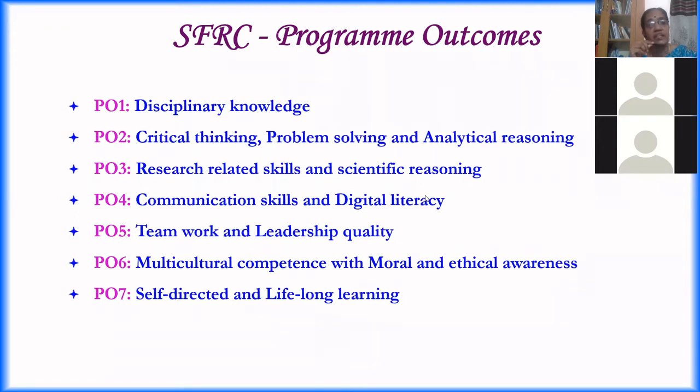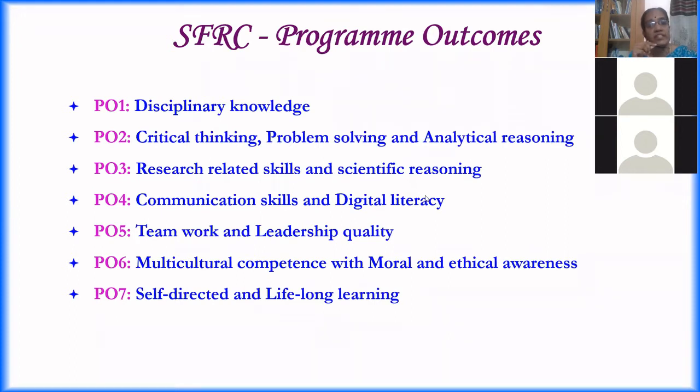So the first three POs are addressing the Bloom's levels from K1 to K6. And PO4, PO5, PO6 and PO7 are the other skills required for a graduate.